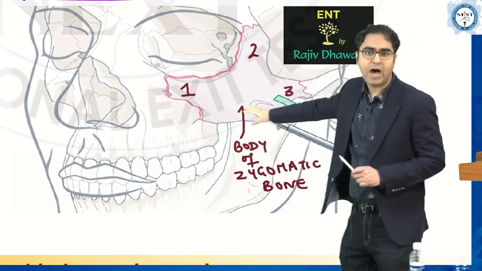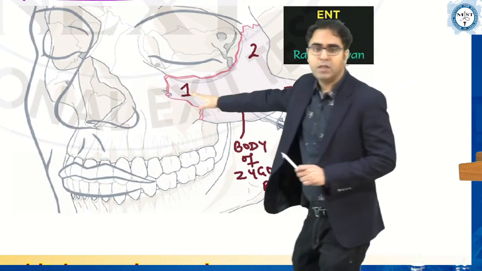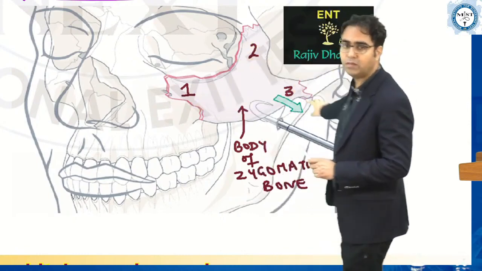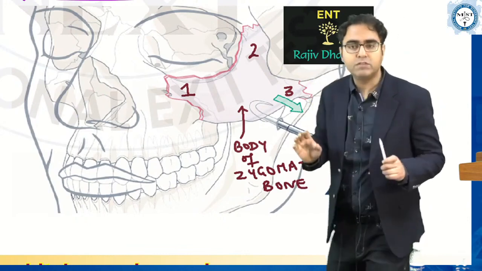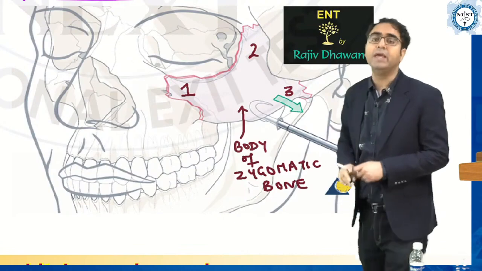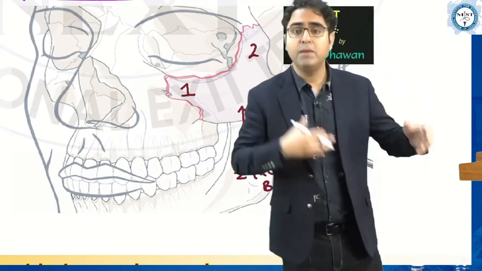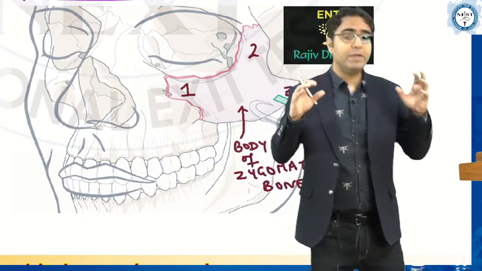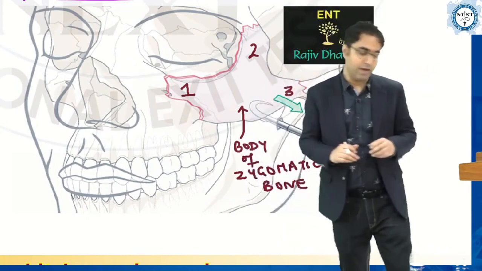So one, infraorbital margin. Two, lateral orbital margin. Three, zygomatic arch. Because this zygomatic bone has three processes, that is why this is called tripod fracture.